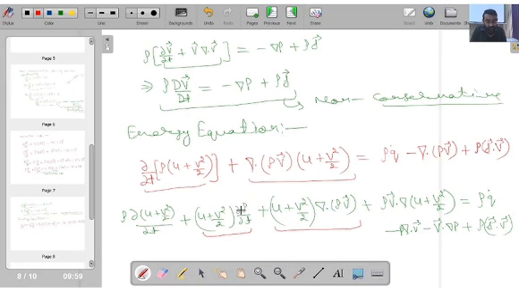So it can come outside, and inside I can have del rho by del t plus divergence of rho into v vector. This term inside is nothing but once again the continuity equation, so it will be equal to 0.